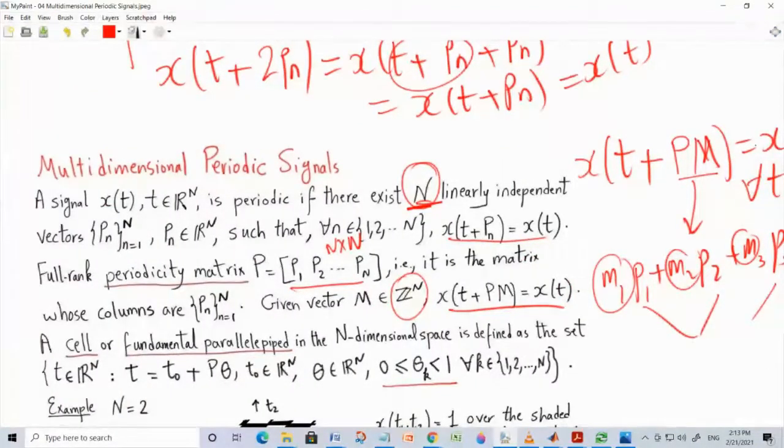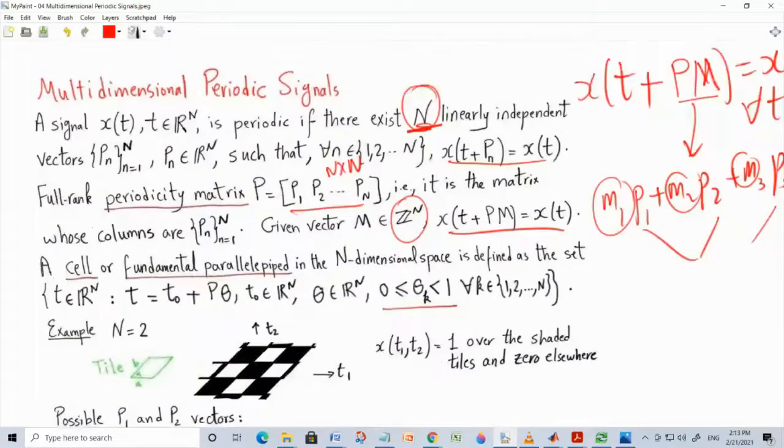Now, for n-dimensional periodic signals, because the signal repeats itself, there is a unit that repeats itself. There is a cell, or a fundamental parallelepiped. Okay, so it's called a cell. Sometimes I just call it a fundamental cell or fundamental parallelepiped.